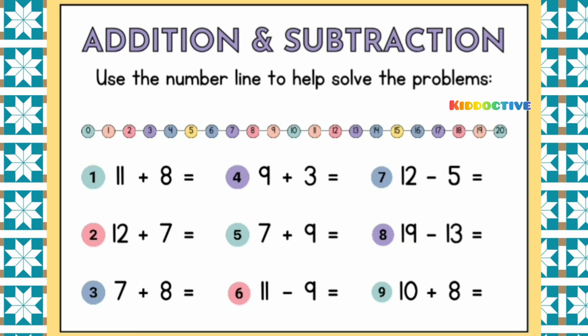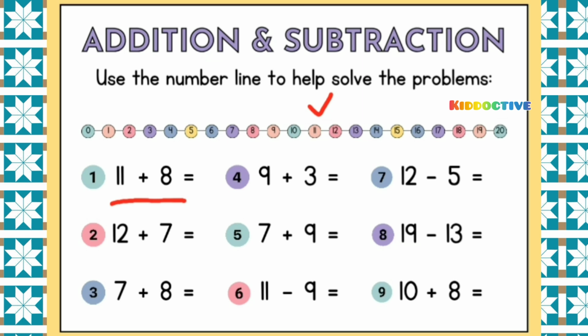So there are numbers from 0 to 20. Let's start the addition. So the first one is 11 plus 8. Where is number 11? Can you show me number 11? Yes, here is number 11. We have to add number 8.